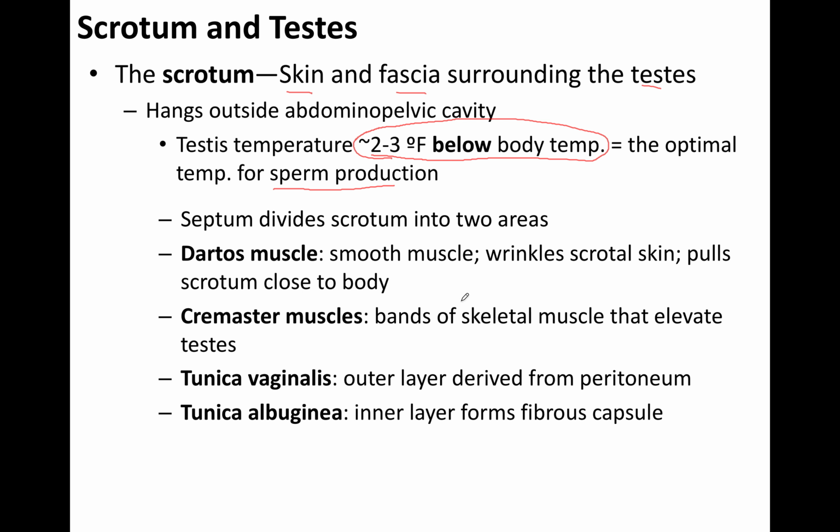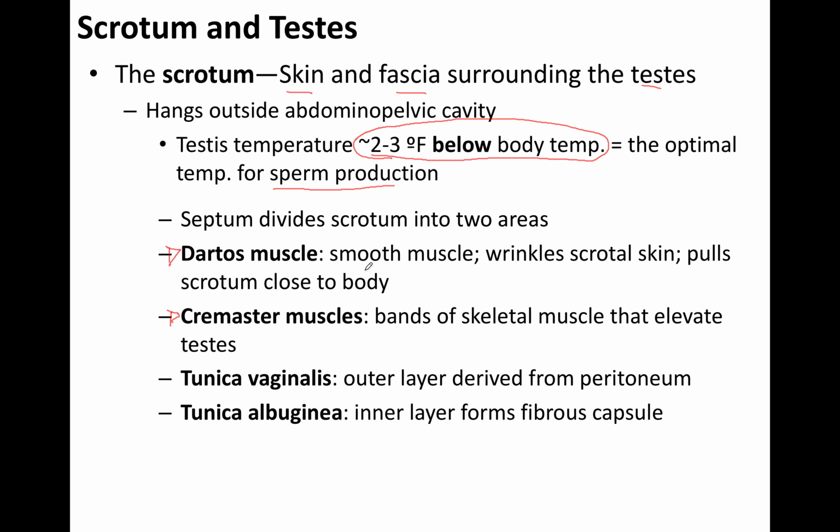So in order to facilitate the correct position of the scrotum from the abdominal pelvic cavity, you're going to have a couple of muscles. Those include the dartos muscles as well as the cremaster muscles. These are just bands of muscle that surround the testes.